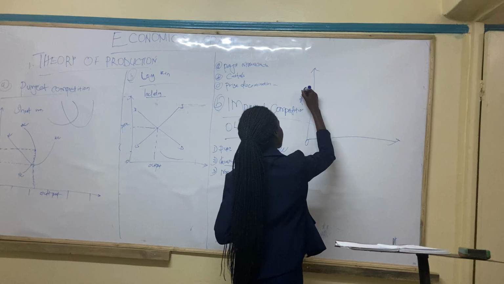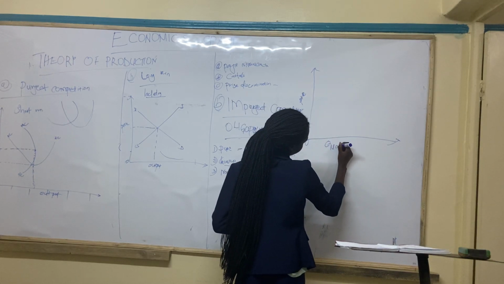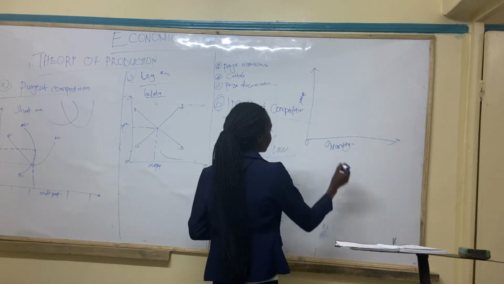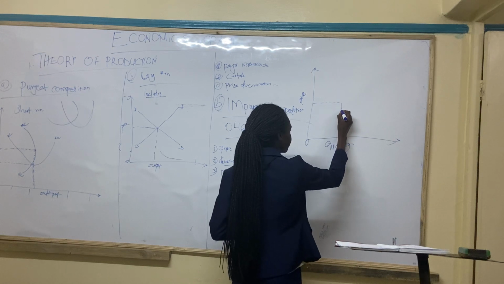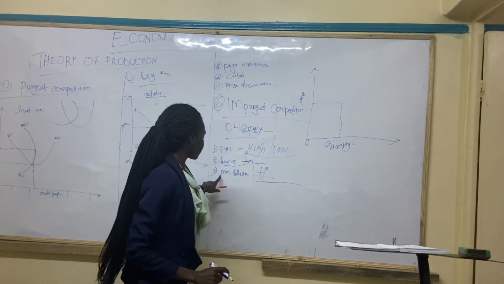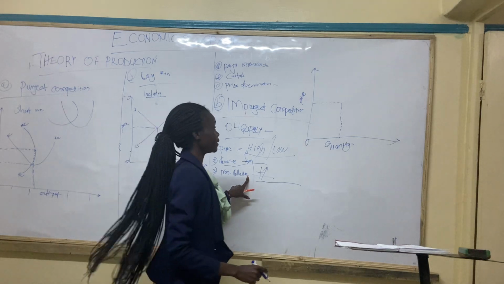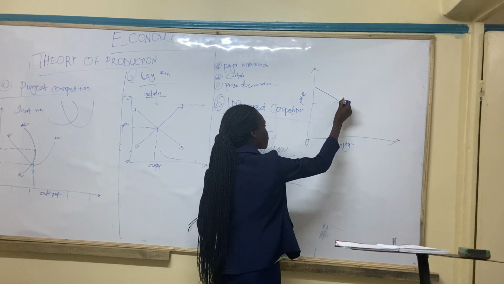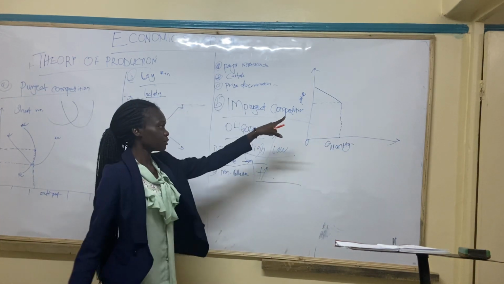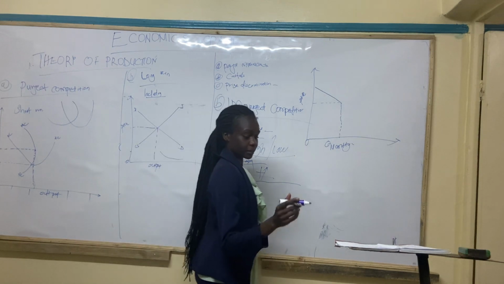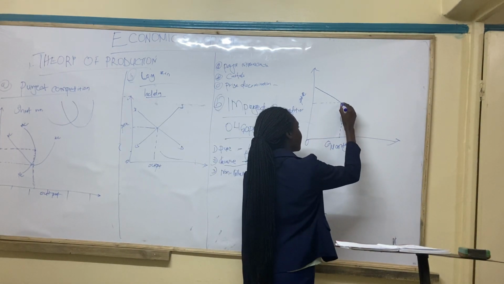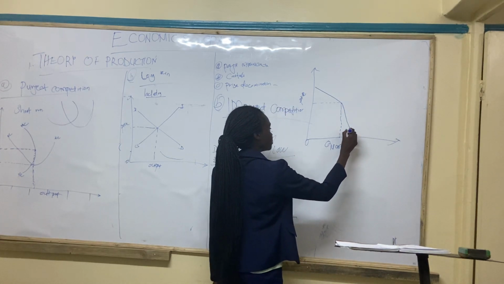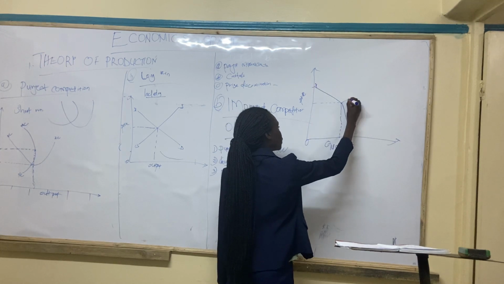This is price, this is quantity. And on this curve, there is a price set here. Before the firm increases the price, the curve was this way. So this was the curve before the increase of prices, and when it increased its prices, the curve drops like this. It becomes steep.